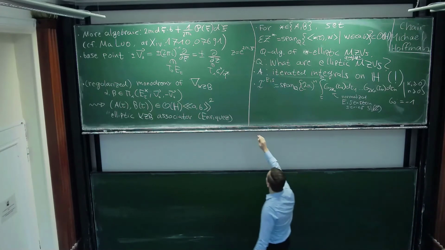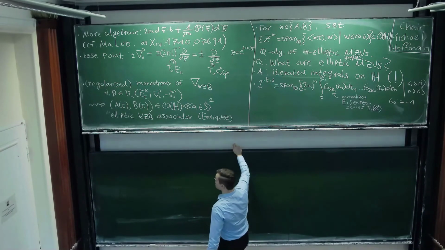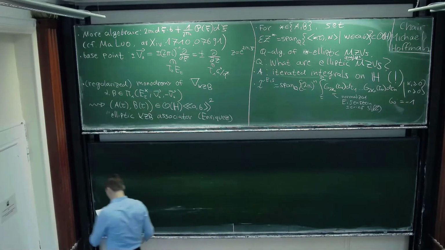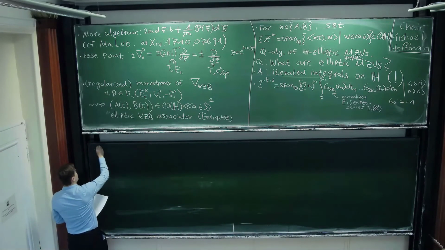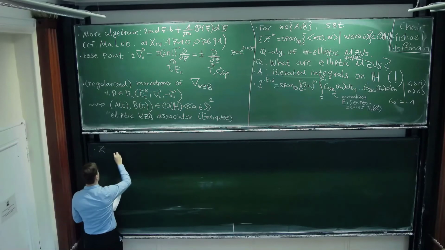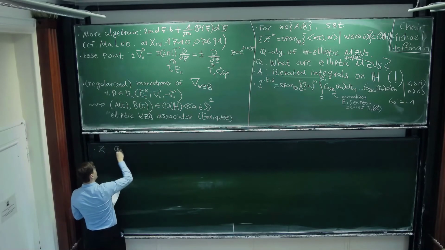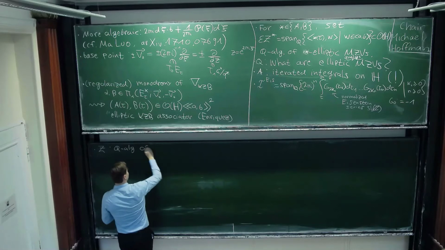And so this is one part, and the other is calligraphic Z. That's going to be the Q-algebra of MZVs.